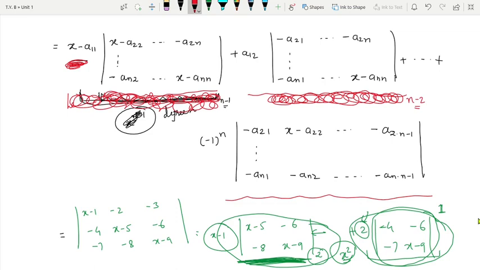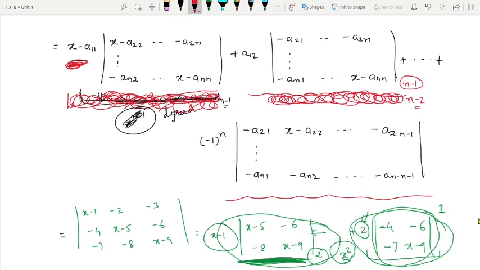Because the order of the determinant is n minus 1, but each row and each column is not containing the term of x, which is the first column.